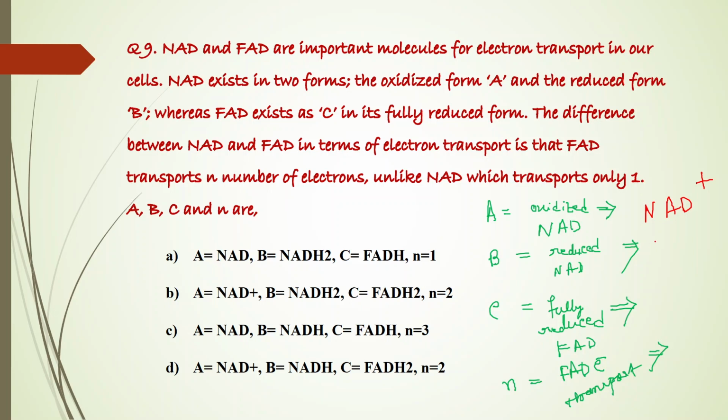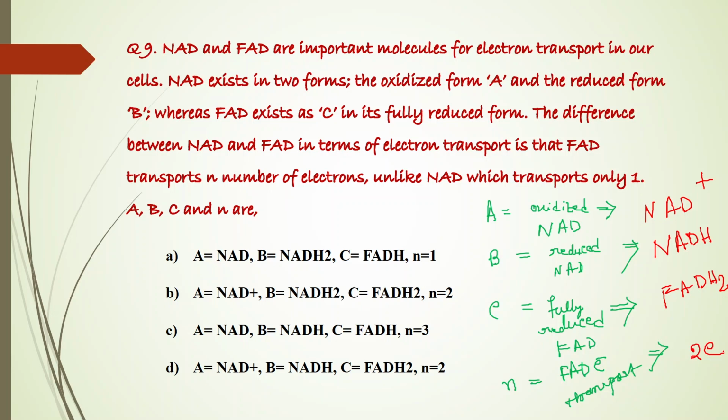What is the reduced form of NAD? That is NADH. C is the fully reduced form of FAD. So what is the fully reduced form of FAD? FADH2. And the fourth one is how many electrons get transported through this process? That is 2 electrons. Just in the previous slide we discussed that 2 electrons get transported.